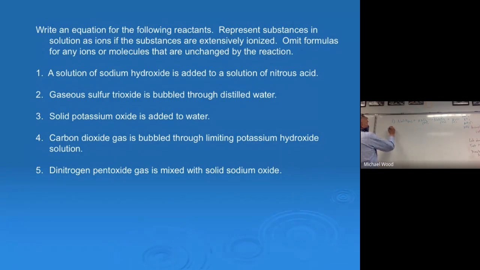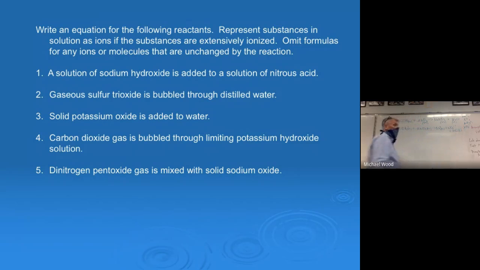So I dissociate this and get Na plus and OH minus, separating it into its 2 ions. A weak acid I'm not going to dissociate because it won't dissociate very much. The soluble salt I dissociate, so I get Na plus and the nitrite ion. And then I have liquid water.